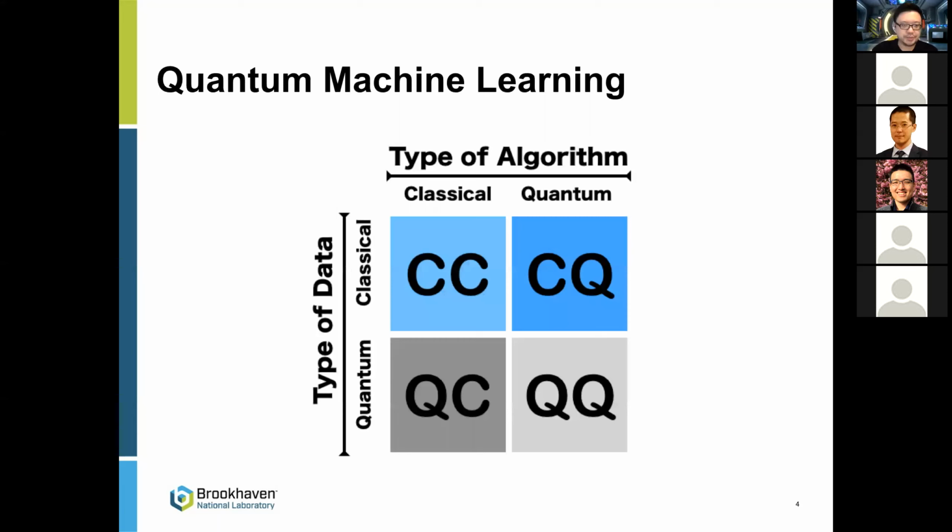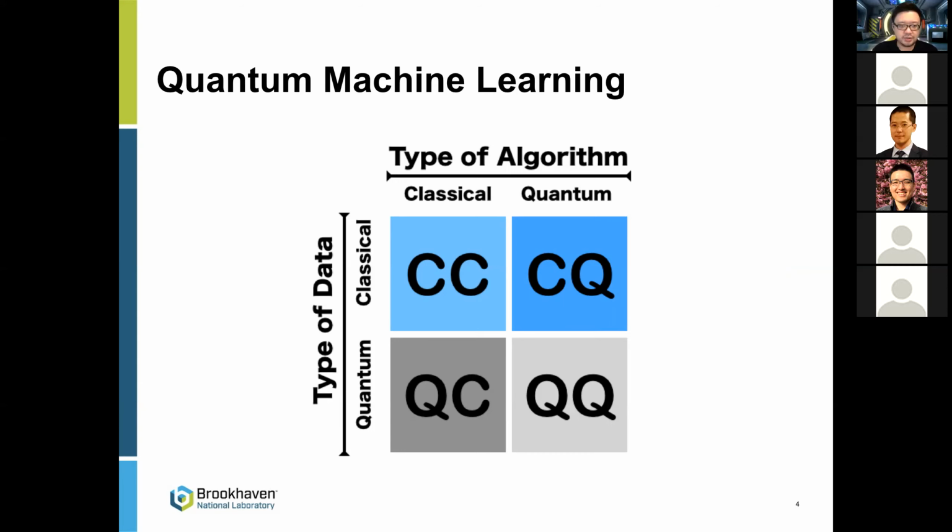Okay, so quantum machine learning can be divided into 4 categories based on the algorithms they use and the data they process. The CC represents classical data and classical algorithms. This is actually not quantum machine learning, but the conventional machine learning that we use every day.